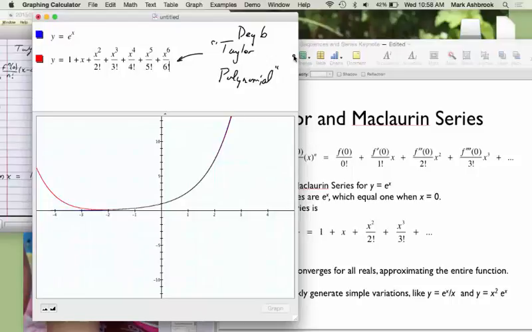And the more terms you add, the better the approximation to the series. It has nothing to do with the number of terms, it's just the degree of the polynomial. Usually we call out the polynomials by the degree.